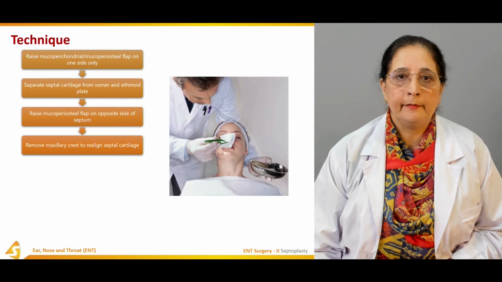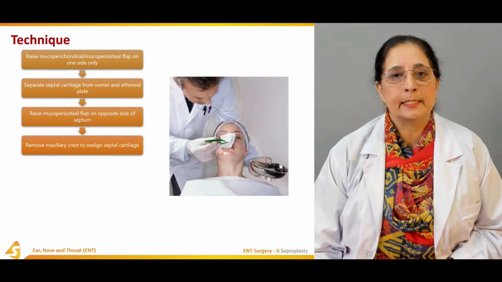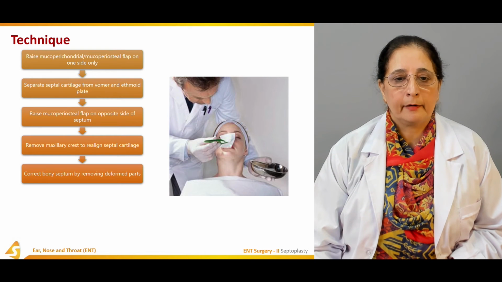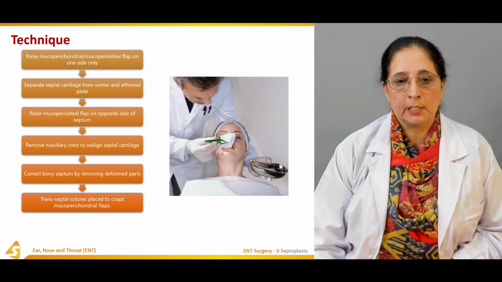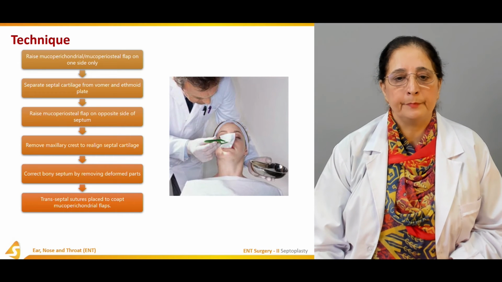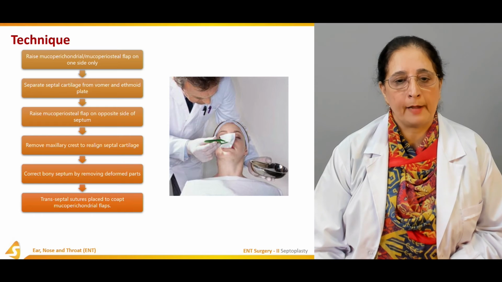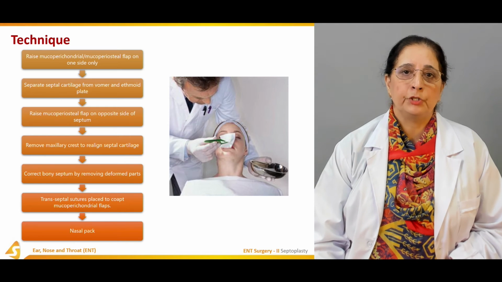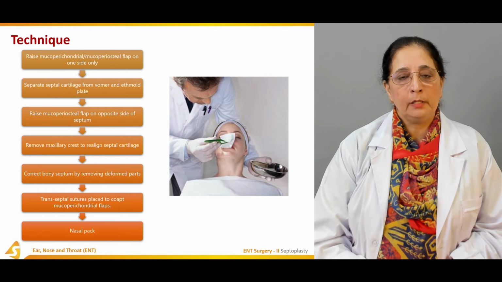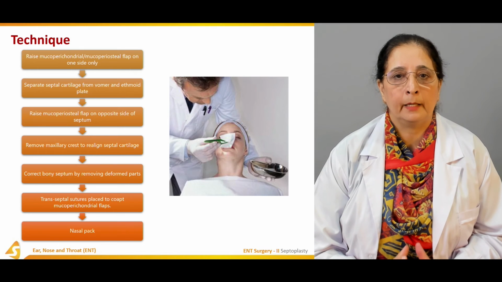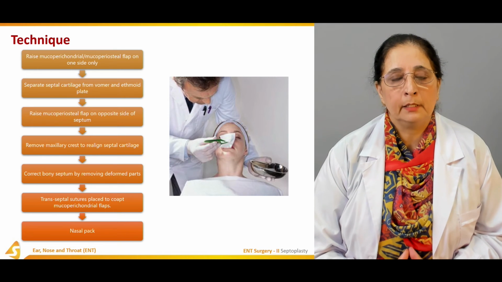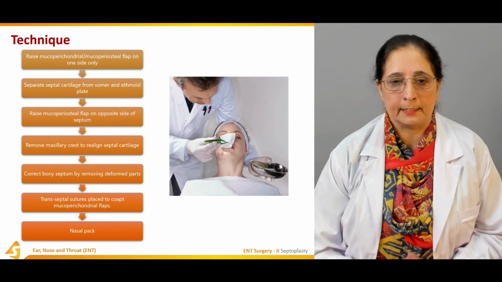Remove the maxillary crest to realign the septal cartilage. Correct the septum by removing any deformed part. Transseptal sutures are placed to coapt the mucoperichondrial flaps. Nasal packs should be placed. So all these are the techniques used for septoplasty.